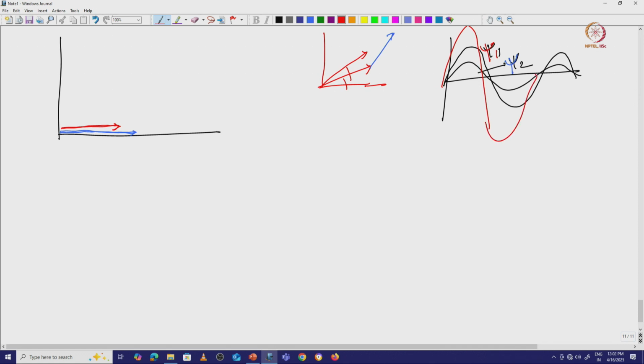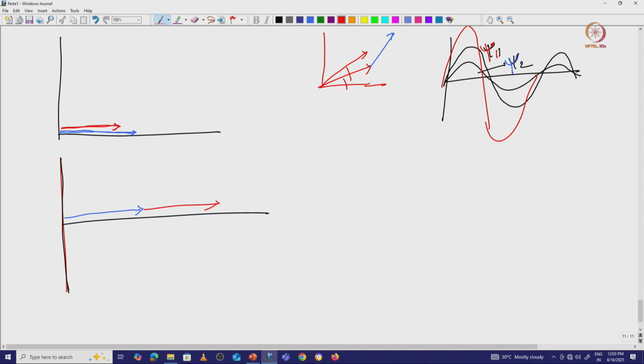So here also, when we want to draw this kind of vector or add these vectors, how can we add them? First things first, we have to plot the first vector here. Then comes the second vector, or second wave. I am drawing the second one.